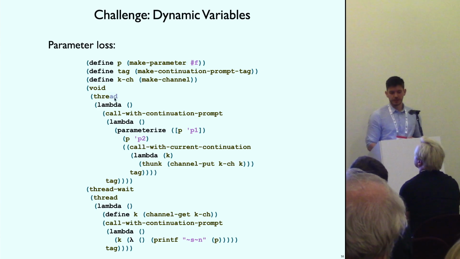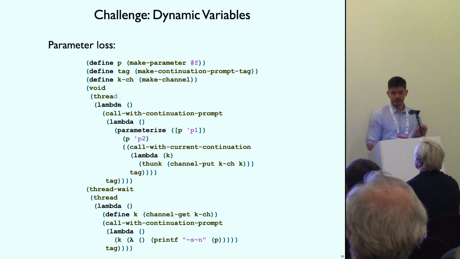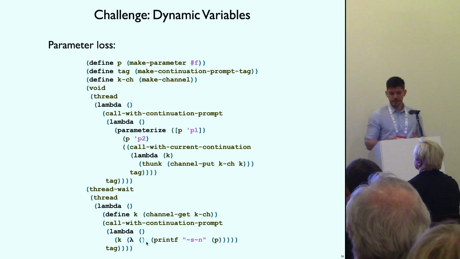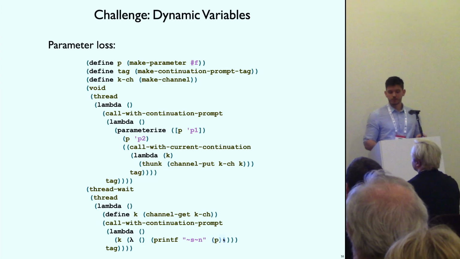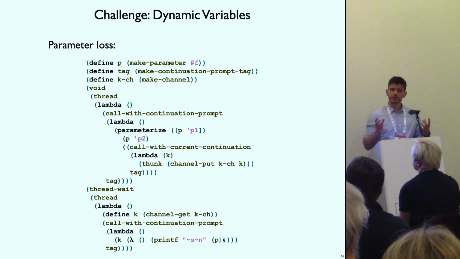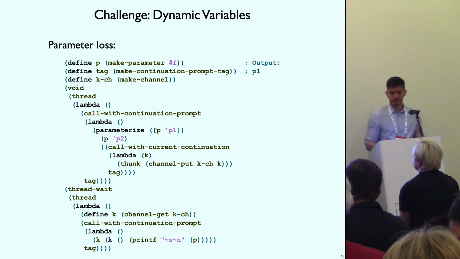I launch a thread, install a continuation prompt, then parameterize p to p1, then inside the parameterization, install p2 as the value of p, and then capture the continuation up to that prompt. Okay, and I send that continuation over to this other thread, which restores it, and then within that continuation prints the value of p. And so what you might expect just looking at this code is for the output to be p2, but actually it's p1, and it's because of what I just said.